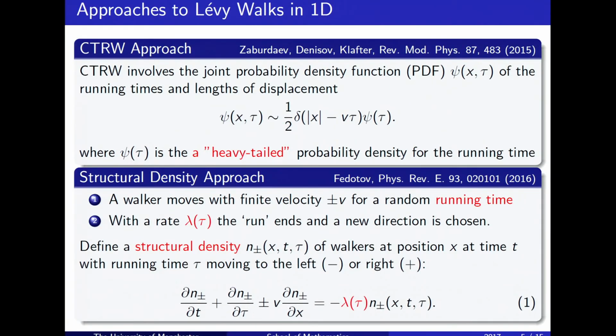Basically, there are two approaches for Levy walk. One is based on continuous time random walk. The main idea, in terms of random walk theory, is to introduce a joint probability density function for running times and lengths of displacement. The idea is almost trivial. If we have a finite velocity, the length the particle moves along a straight line is simply speed times time.